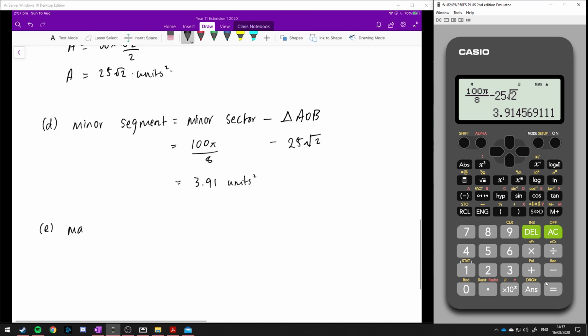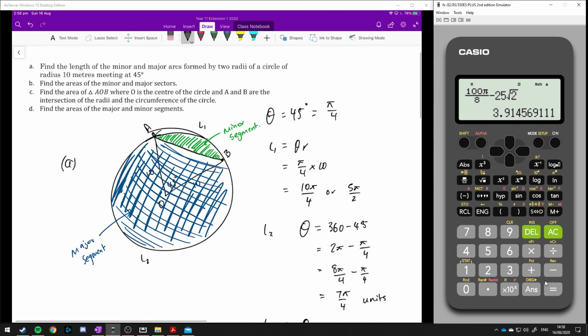Now the major segment is a little bit different. It's the major sector plus triangle AOB. Because if you think about it, it's essentially the sector itself.